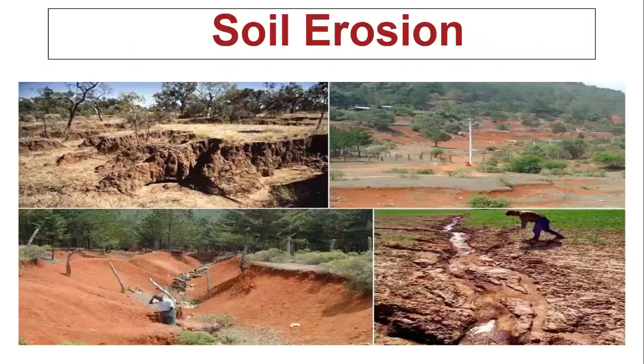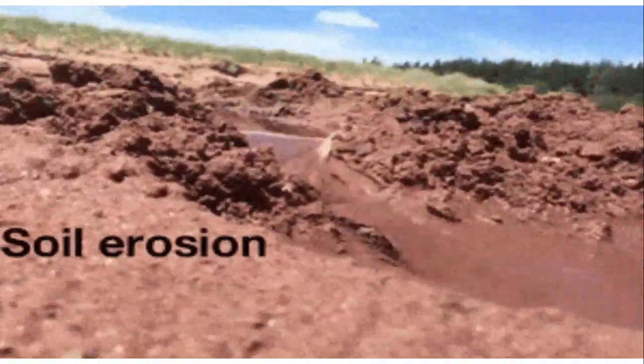Children, now let us discuss about soil erosion. Do you know, children, what is erosion? Okay, just look at these pictures. By looking at these pictures, you will get some idea about erosion, dear children.